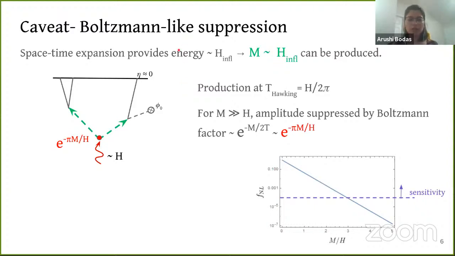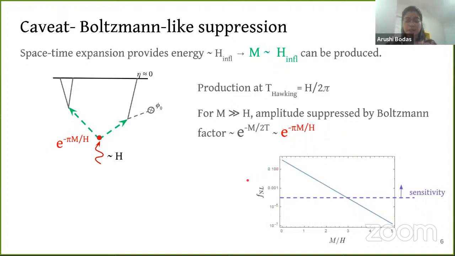That's only possible because the space-time has a time dependence, it's expanding. So the amount of energy I can borrow from this expanding background is set by the rate at which space-time is expanding, which is the Hubble scale during inflation. If I want to borrow any more energy than the Hubble scale, I will have to pay a Boltzmann-like price, which is this exponential suppression.